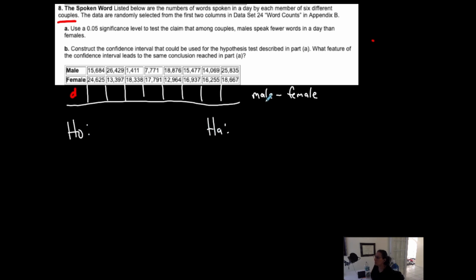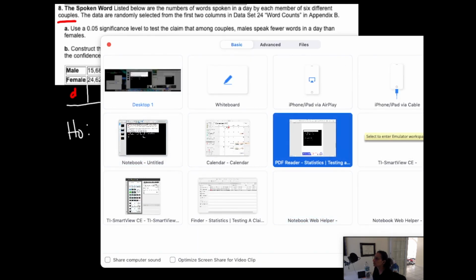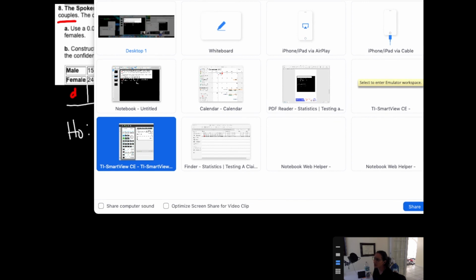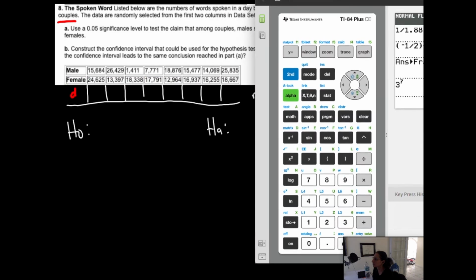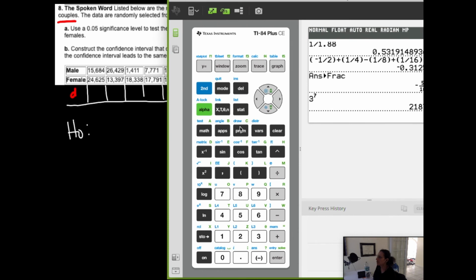Now, let's do the differences first. I'm going to show you a trick in the calculator to find them. So let's go to our calculator. So hopefully you guys have it out. You could obviously subtract each of those values, but I'm not going to do that. I'm going to use my calculator trick. So I have to input both of these data values into my calculator.